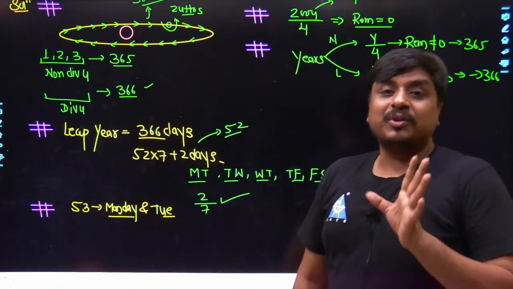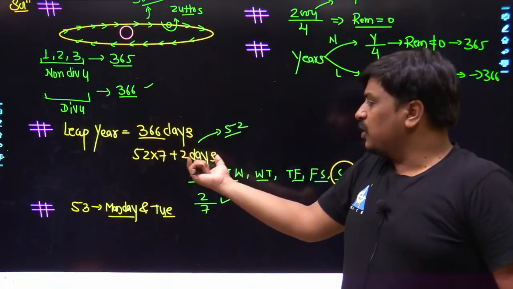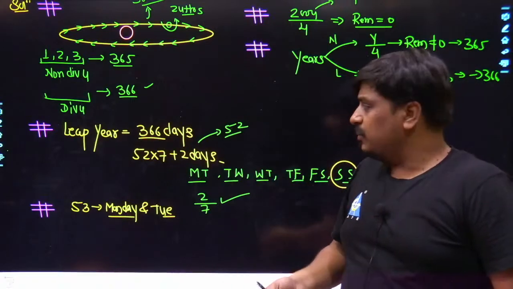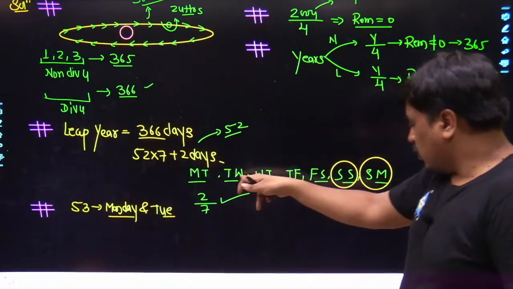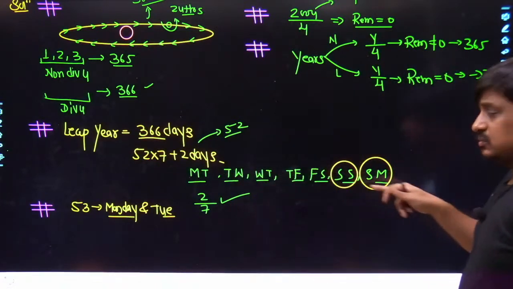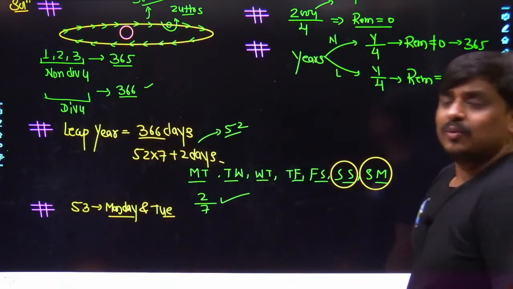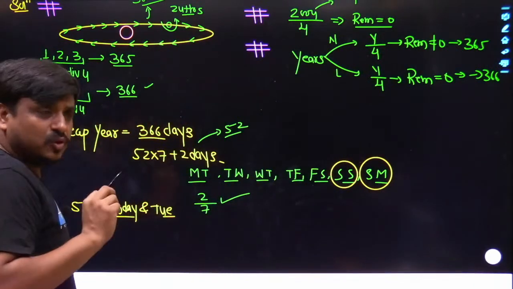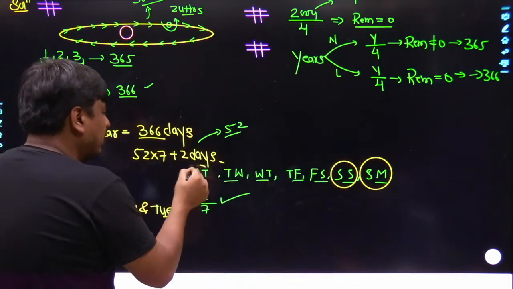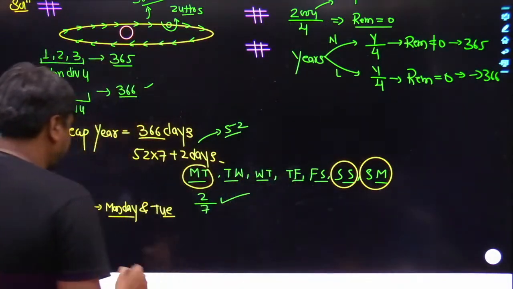That means one thing is quite sure: 52 Mondays and Tuesdays have already come, but the remaining extra days, Monday and Tuesday, should come out of this outcome. Now here you have to take Monday as well as Tuesday for sure. So you are left with only one possibility out of 7 possibilities.